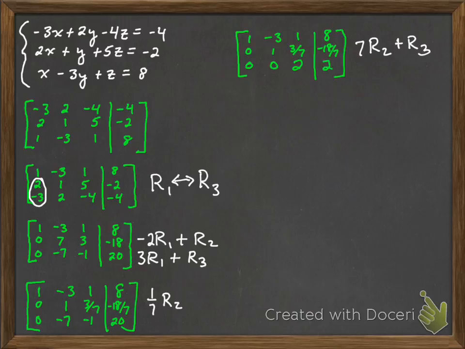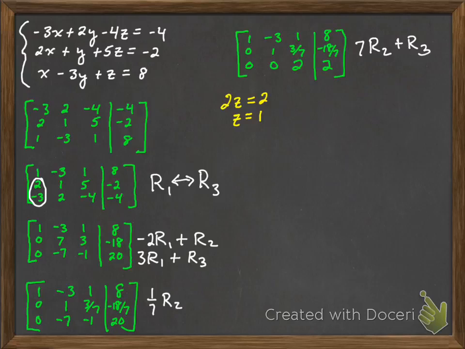We can now write 3 equations out of this. The bottom equation is going to be 2z, let me use yellow. It's going to be 2z equals 2 for the bottom equation, which means z is equal to 1.